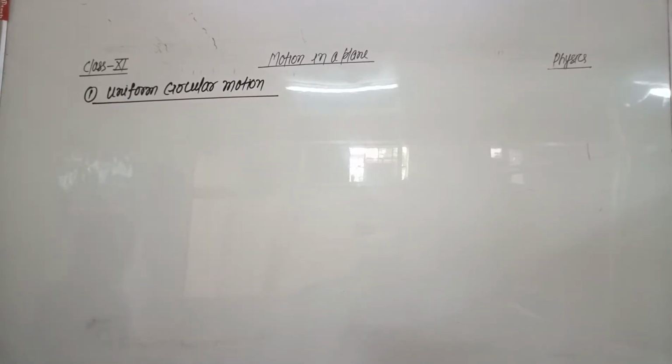What is the definition of uniform circular motion?